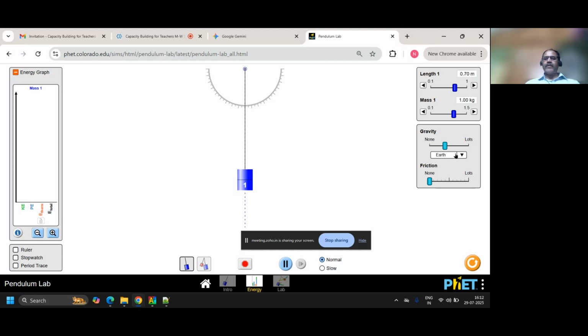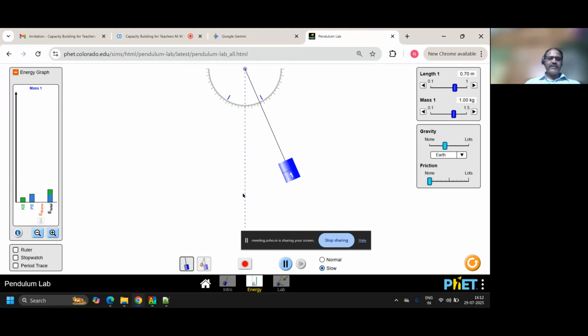Now I am going to make it oscillate once again. Now it is oscillating. You could see kinetic energy and potential energy. Keep watching it, let me do it in slow motion. When kinetic energy is at its peak, potential energy goes down.